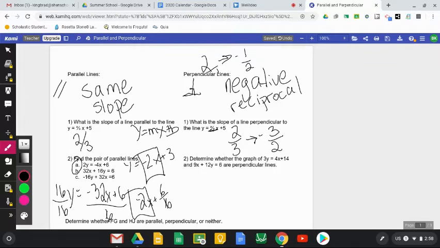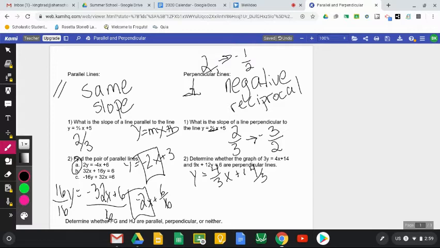All right, let's go to this next example. Determine whether the graph of 3y equals 4x plus 14 and 9x plus 12y equals 6 are perpendicular. So I have to get these both to y equals mx plus b form. So first I'm going to divide everything by 3. So I get y equals 4/3 x plus 14 over 3. So now I got to get the other one into y equals mx plus b form.